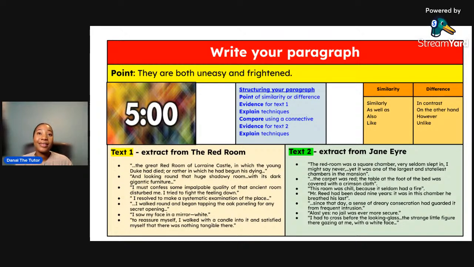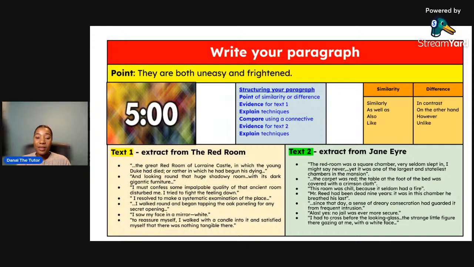So the next point is a similarity, okay? The first one was a difference. This one is a similarity. Our next paragraph is about a similarity. So the point is they are both uneasy and frightened. They're both uneasy and frightened.